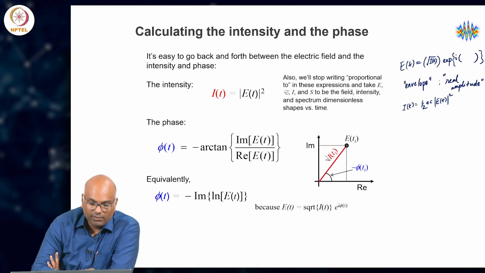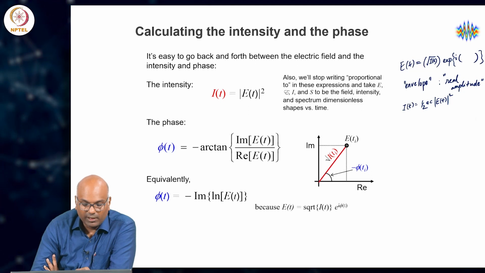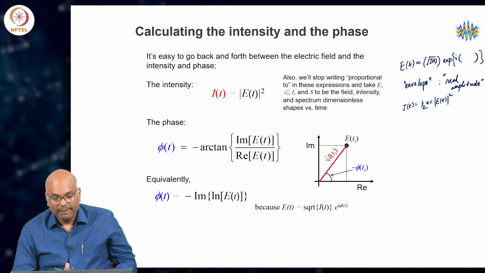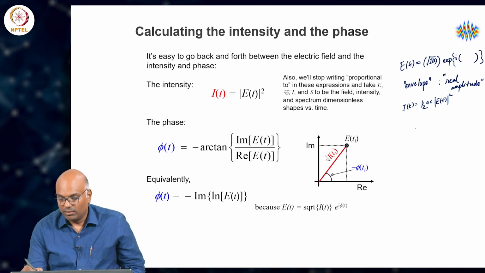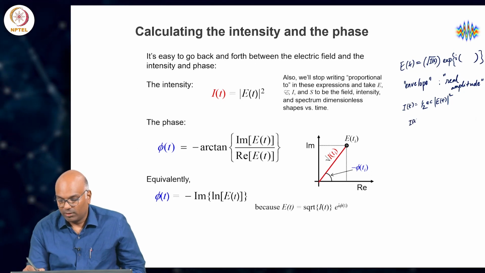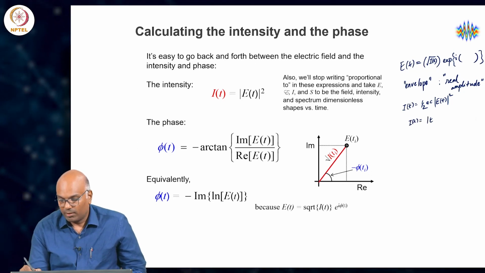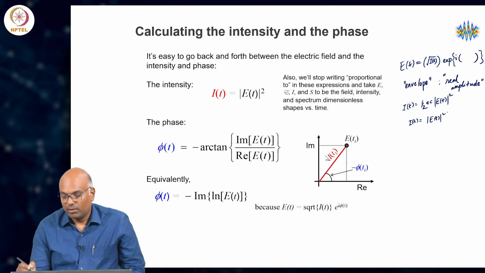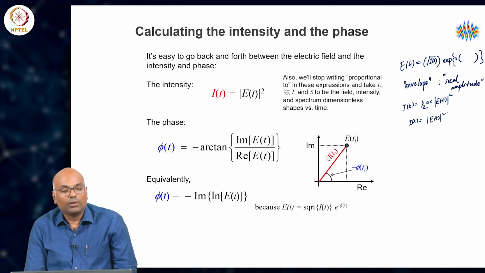But in this case, we have absorbed them, or we have created some sort of new system where I can do away with such factors and simply use this expression.